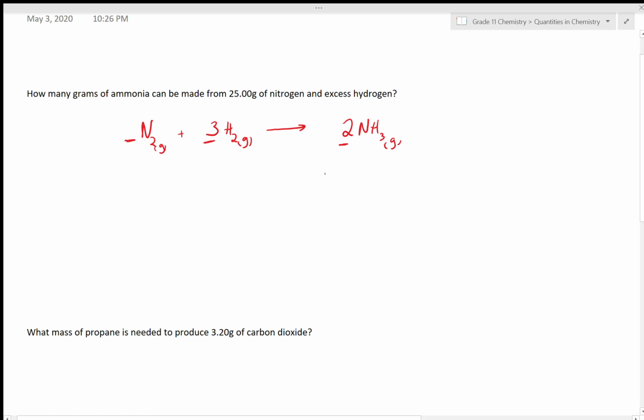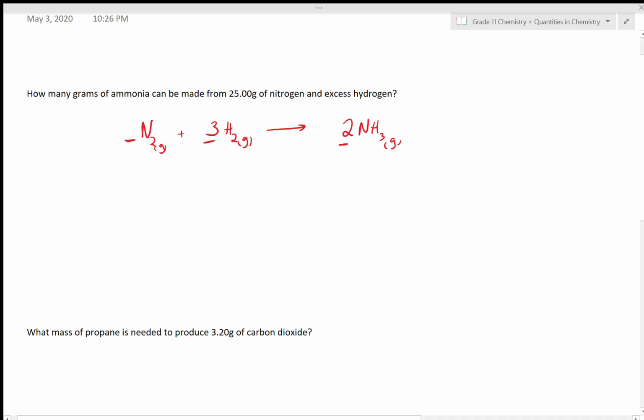While I'm saying molecule, the same thing is true about the number of moles of each of these. So for every 1 mole of nitrogen that we consume, we need to consume 3 moles of hydrogen to produce 2 moles of ammonia. And so we're going to use that little bit there to our advantage in that we're going to be able to use that for some calculations here.